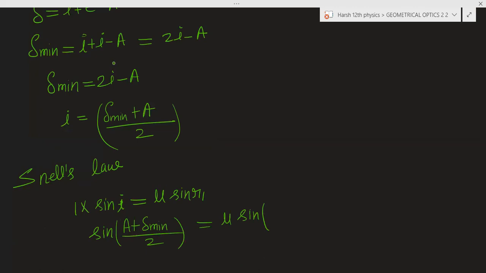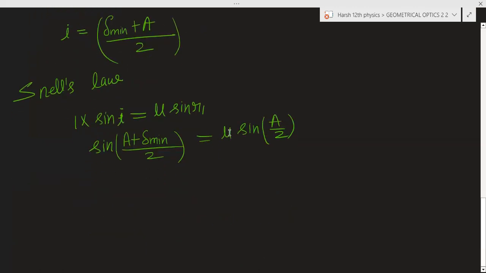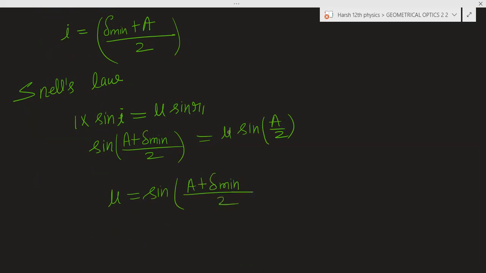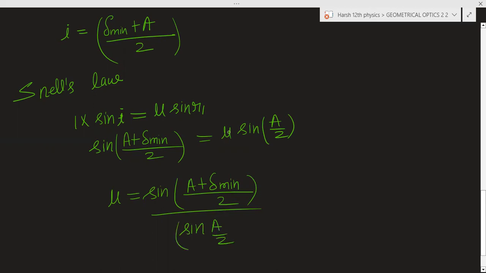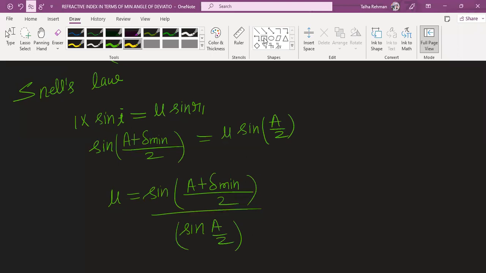So mu is equal to sine of A plus del minimum by 2 divided by sine of A by 2. So this is the formula that is used in that question that you were asking.